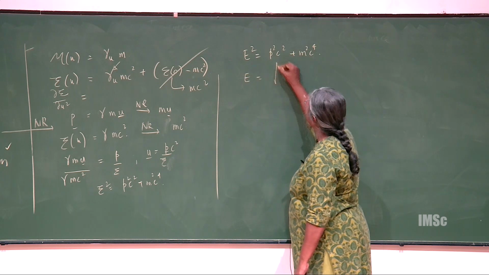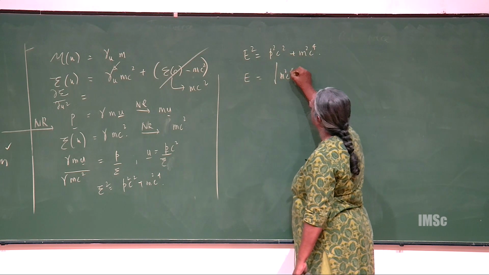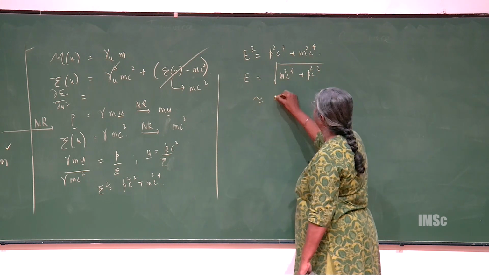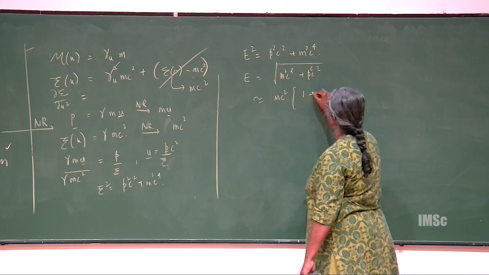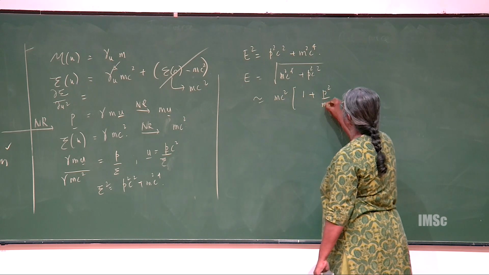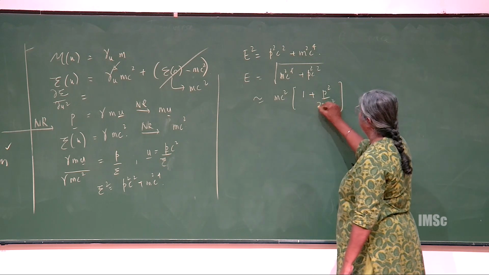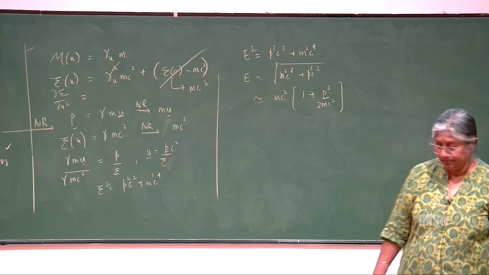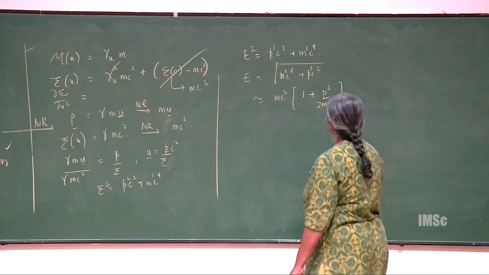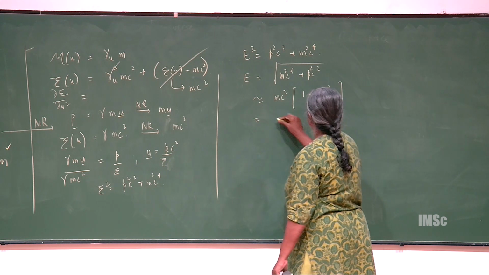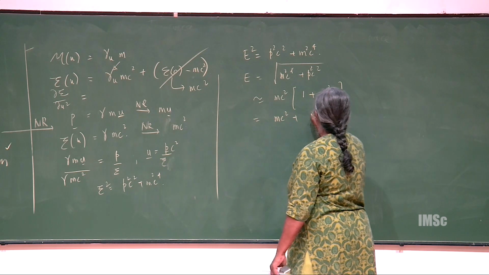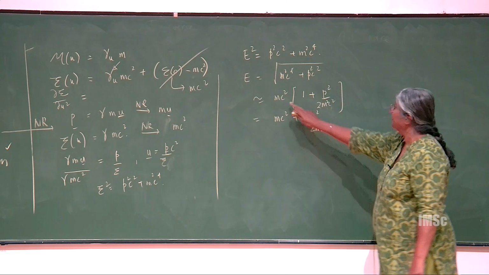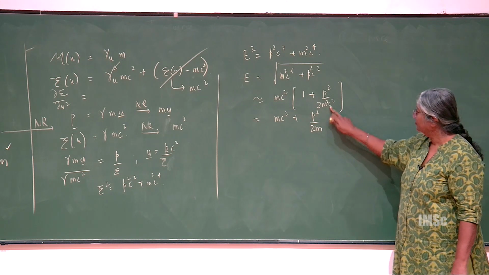Then I can write this as square root of, and I can keep, so I have written 1 plus x to the power of half is 1 plus half x, okay, and I can write, sorry, P squared, yeah, that is mc squared plus P squared by, so I have taken out the bracket, I have cancelled one mc squared, so I will get P squared by 2m.